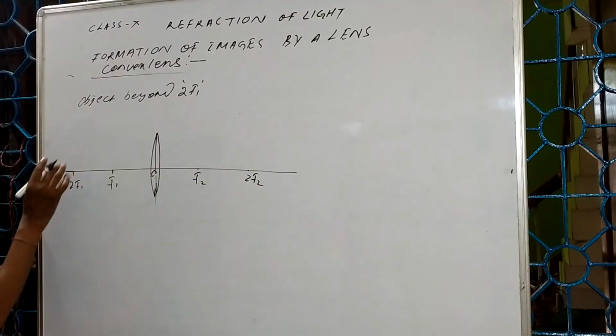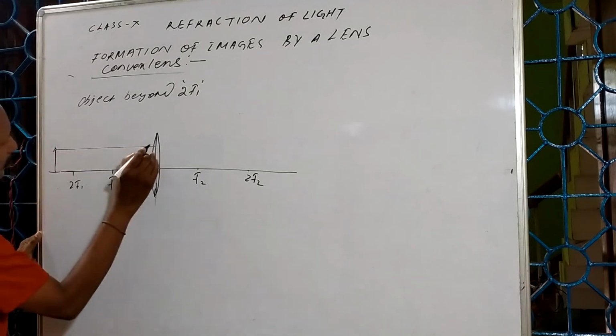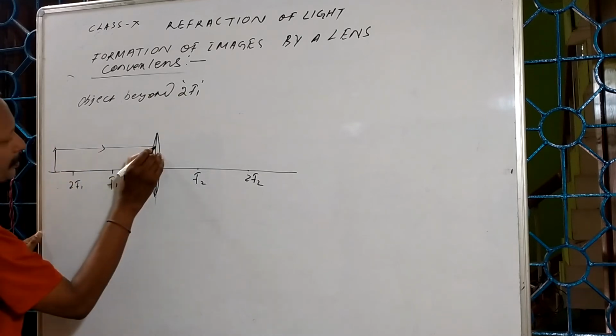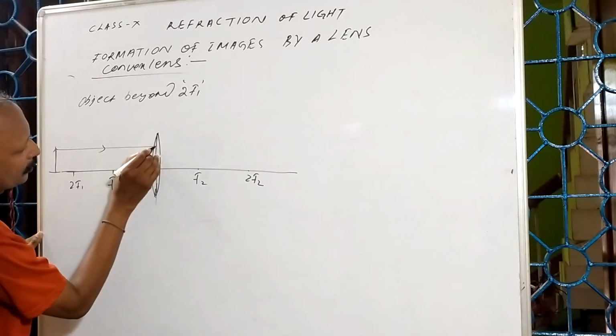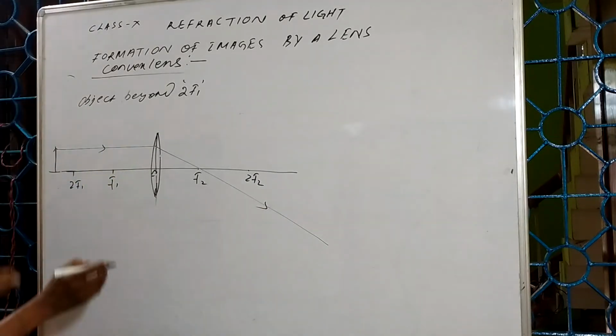So I have to take the object beyond 2f1. Suppose I am taking it here. It moves parallel, so after incidence, it refracts through the focus.